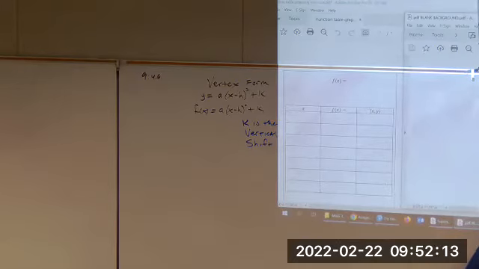So that right there is at 1, 1. 2 goes in, this is 2, 4. 3 goes in, we get 9. 4 goes in, it goes all the way to 16.